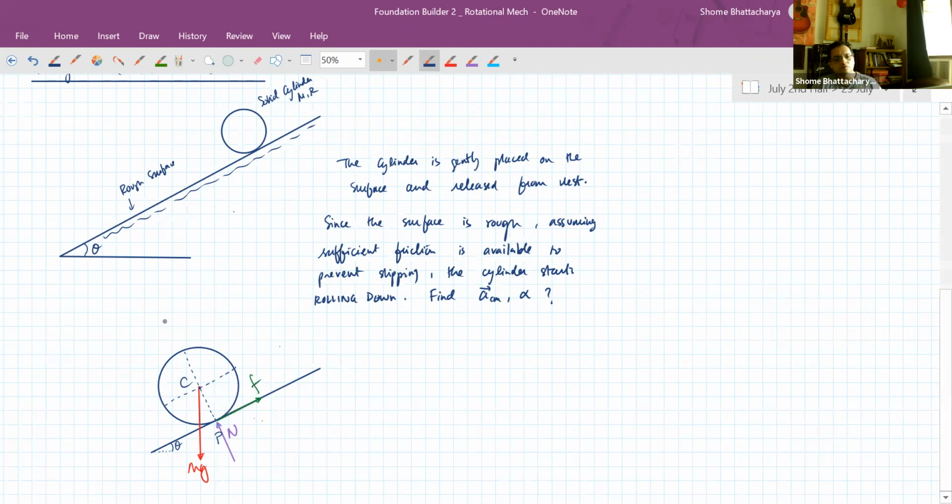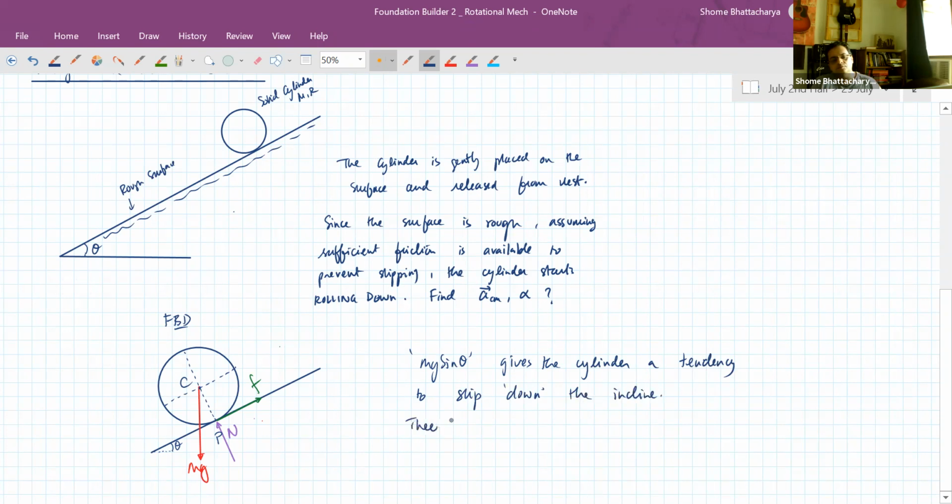So when we look at the free body diagram, what we understand is that mg sine theta gives the cylinder a tendency to slip down the incline.